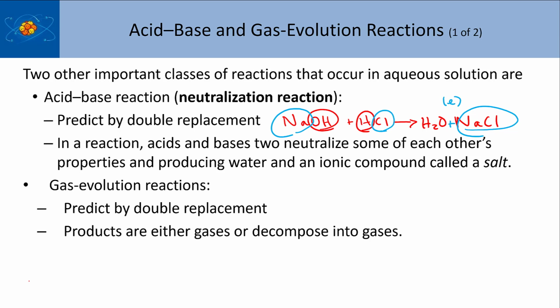Many of them are acid-base reactions, but because they form a gas at the end, we classify them slightly differently. There's 4 of these, which we'll go over, that you need to remember and be able to predict the gas that's formed from the reaction. But again, it's a double replacement reaction. The only difference is one of the products is a gas.